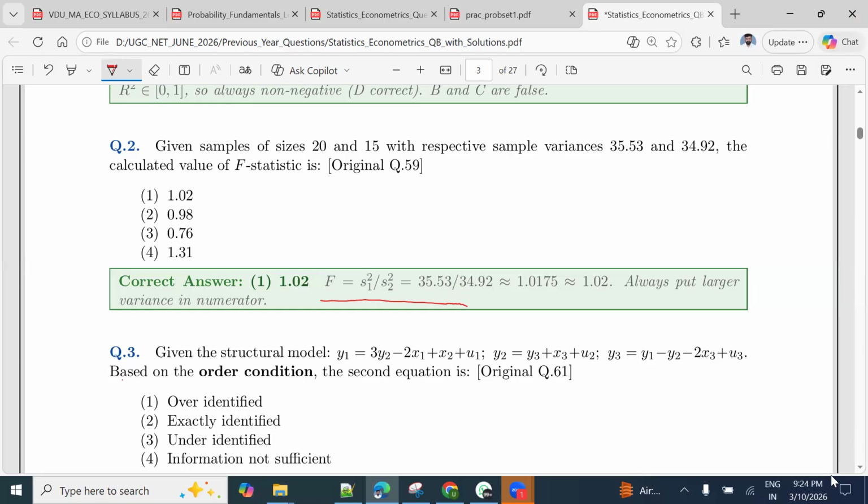So if Z1 and Z2 are independently distributed chi-square variables with K1 and K2 degrees of freedom, we can write the F distribution as Z1 divided by K1, over Z2 divided by K2. The F distribution is known with the statistician Fisher. It is with K1 and K2 degrees of freedom, right?